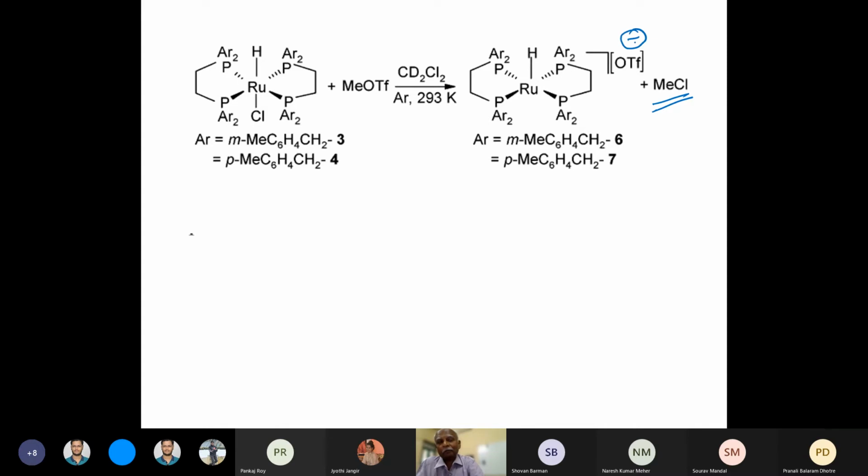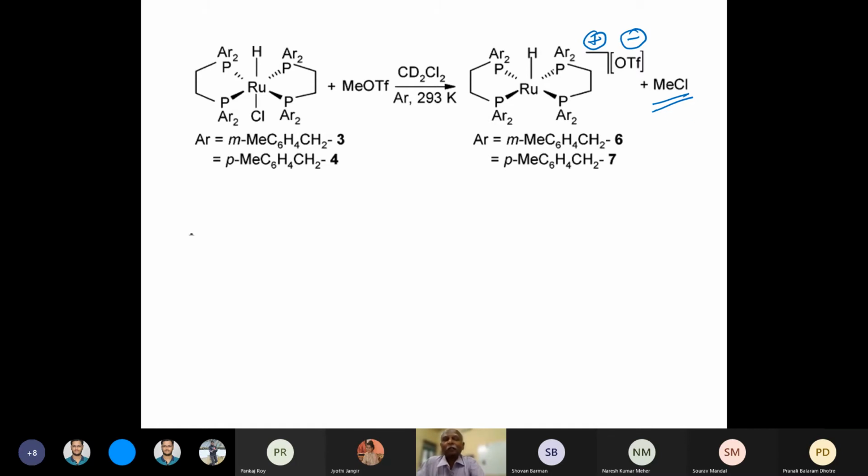OTf is triflate minus, and this is a positively charged complex. Now I've taken this from a paper. I will explain to you in the end why I've just copy pasted this, and the person won't mind me doing this. So this is the reaction that happens.